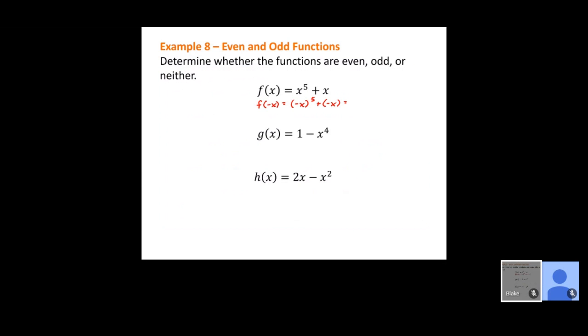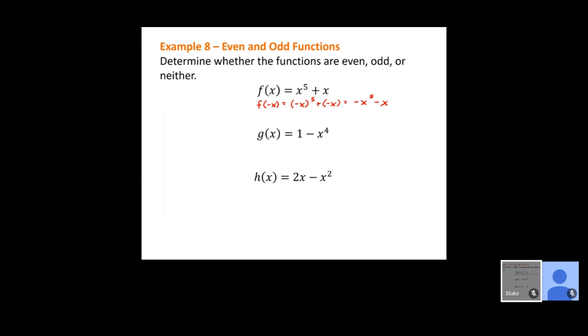If I raise negative x to the fifth power, what's that going to give us? Good, right? So a negative to an odd power is going to stay negative. So we have negative x to the fifth. And then plus a negative x is just the same thing as minus x, right? So I can write that as minus x.